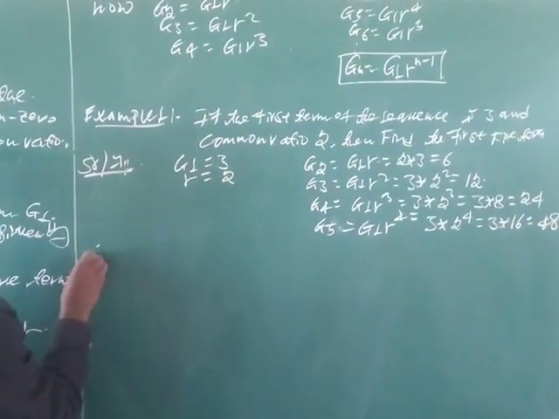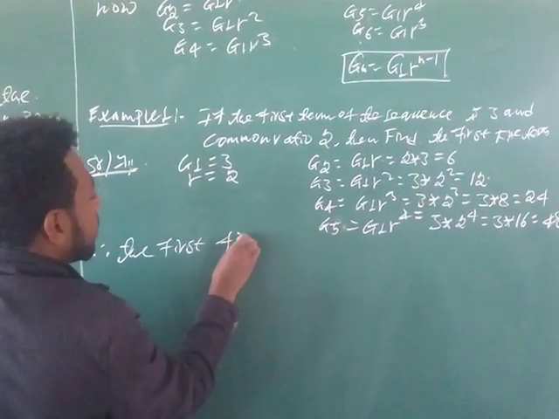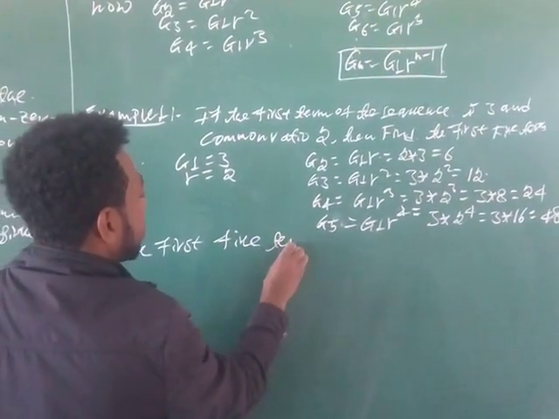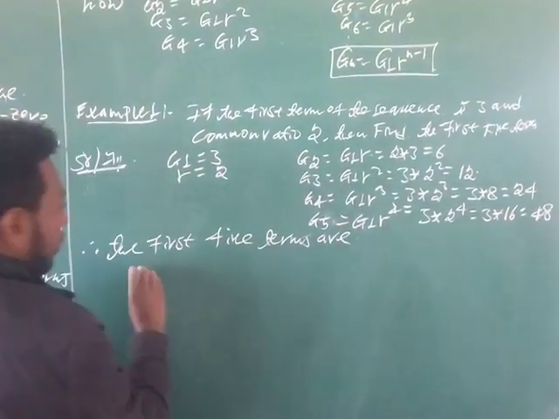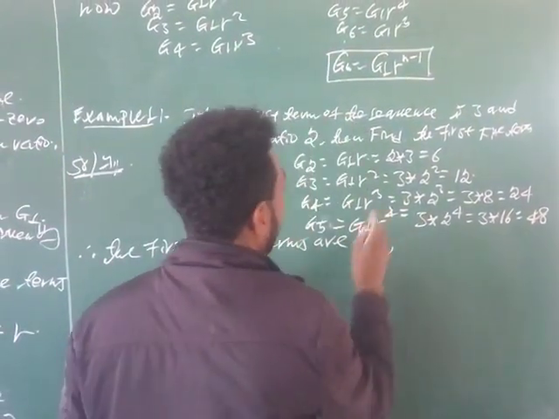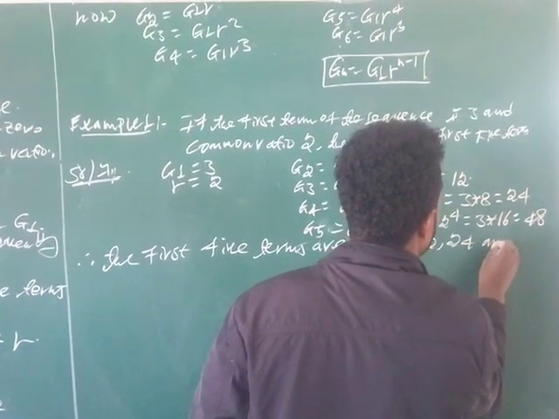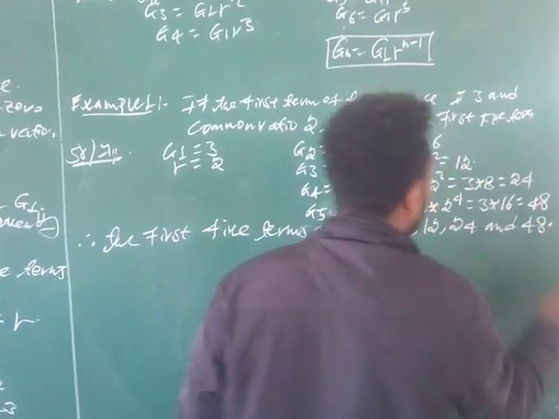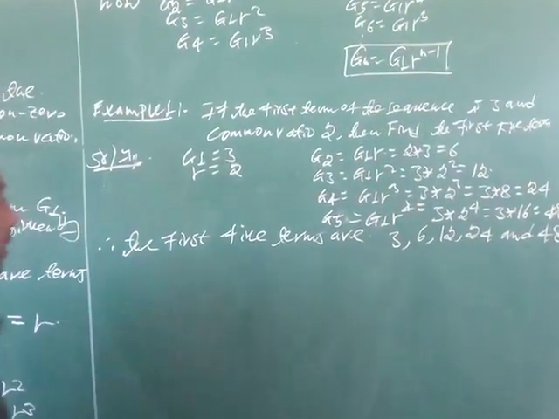Therefore, the first 5 terms are, that is g1 is 3, so 3, 6, 12, 24, and 48. Those are the first 5 terms of the given geometric sequence.